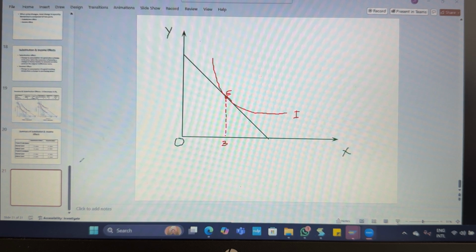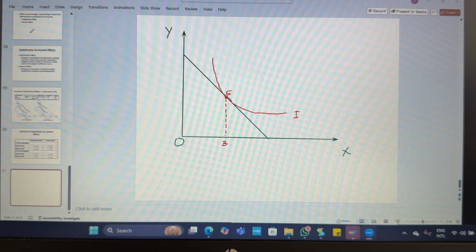Okay, did you finish your graph? We have many more steps to go. Right. Now, suppose that the price of Y is not changing, income is not changing, but the price of X declines.